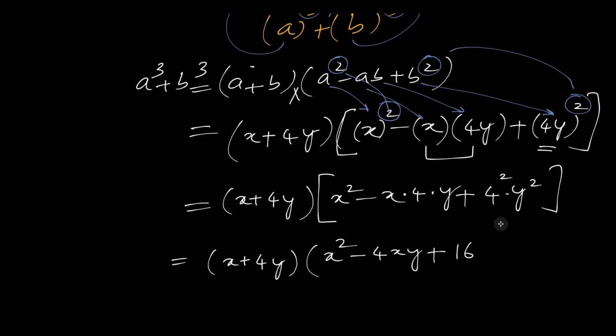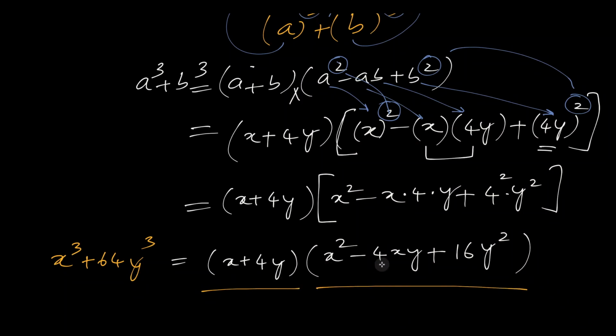It is going to be 16, and y to the square is y square. So this is how we can factorize x cube plus 64 y cube in the form of the product of x plus 4y and x square minus 4xy plus 16y square. So this is going to be your answer.